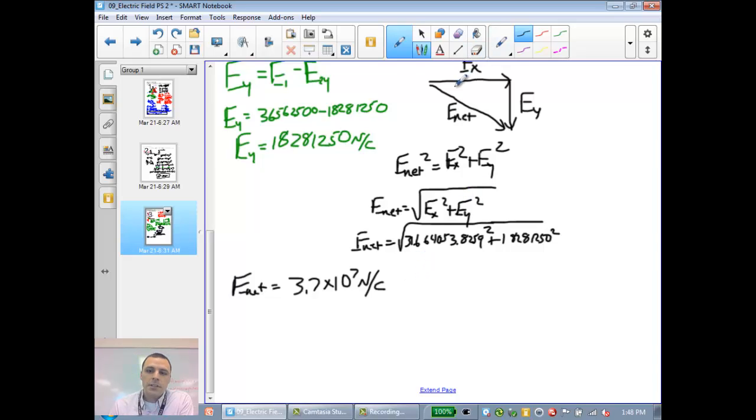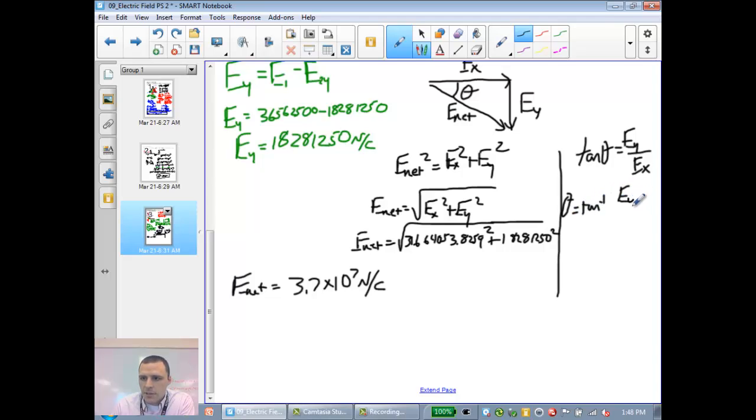The final thing to do is find this angle. So I'll do that over here. Tan theta equals Ey over Ex. Theta equals arctan, tan inverse, of Ey over Ex.